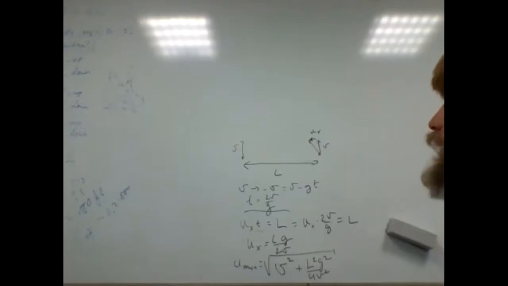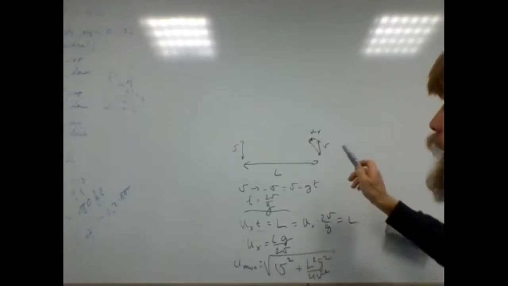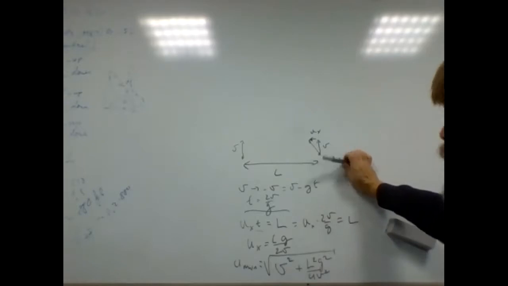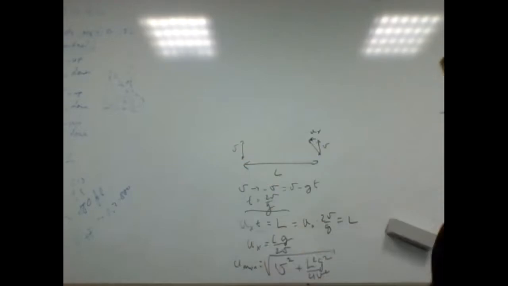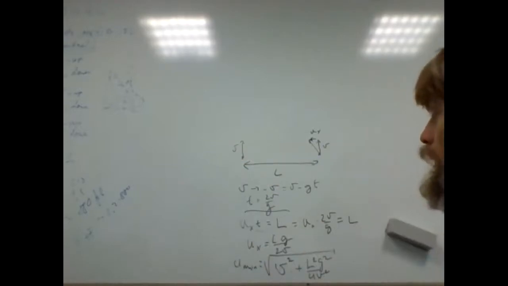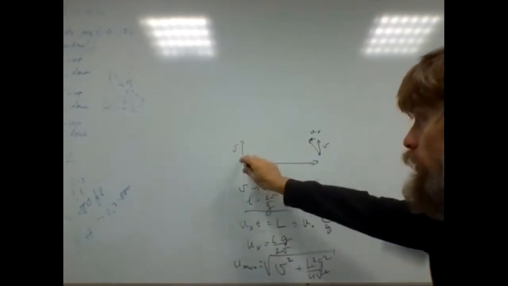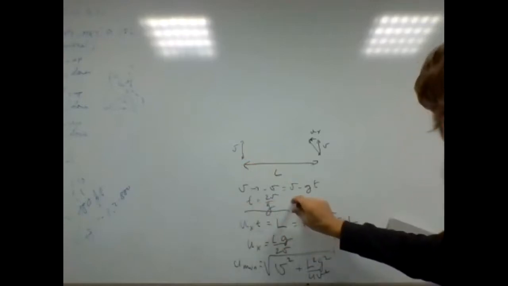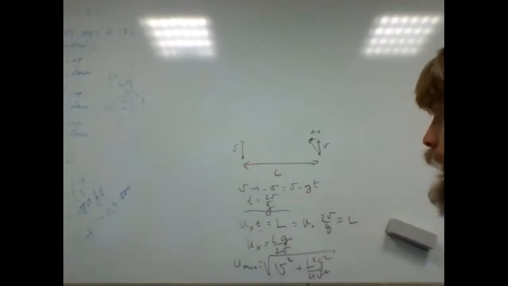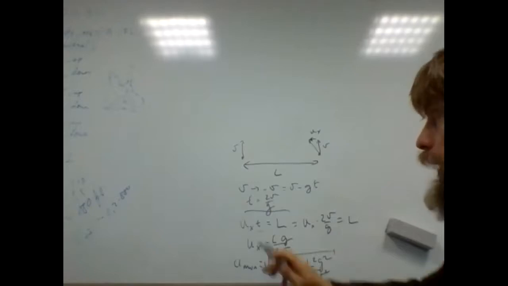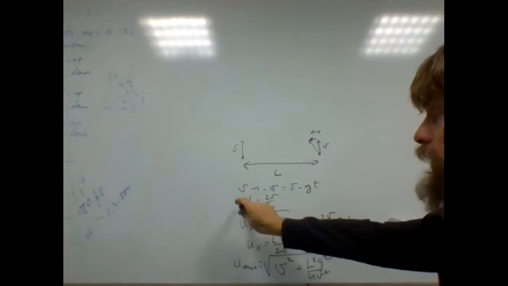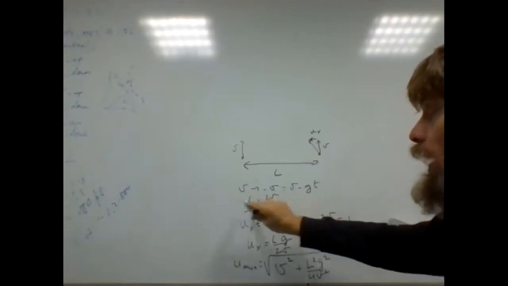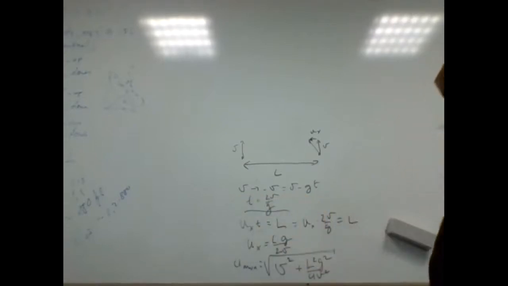But now our time is limited because it is required that that ball collide with that one before the ball reaches the ground. The time for this ball to reach the ground is here. They need to collide sooner than that. This is the longest time which is allowed.